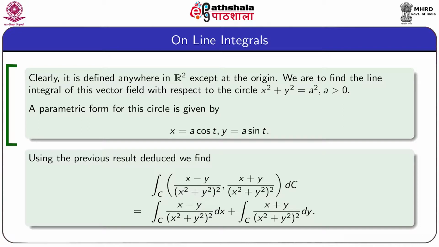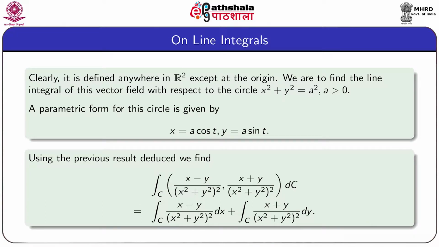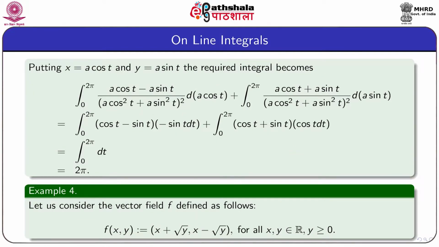So, we now use the previous result we deduced, and we find that the value of the line integral equals the integral over C of (x minus y) by (x square plus y square) whole square dx plus the integral over C of (x plus y) by (x square plus y square) whole square dy. We put here x equal to a cosine t and y equal to a sine t, and ultimately we find the value of the line integral as 2 pi.